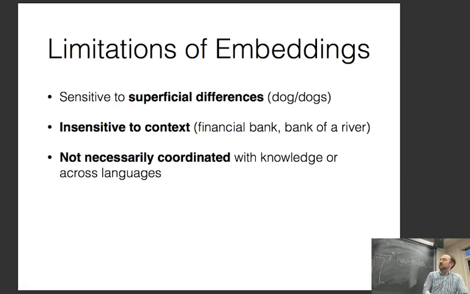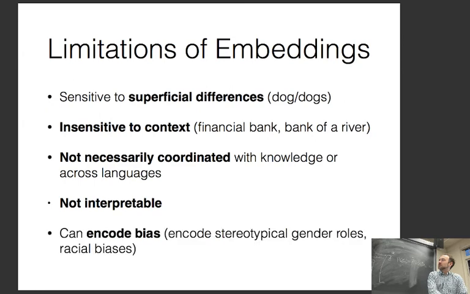Another thing is they're not necessarily coordinated with other sources of knowledge or across languages. And another one is that they're not interpretable on their own. So as I mentioned before, each of the dimensions might not necessarily mean something. Another thing is that they can encode bias. So one thing that people have been interested in recently is they encode, for example, stereotypical gender roles or racial biases as reflected in our data.